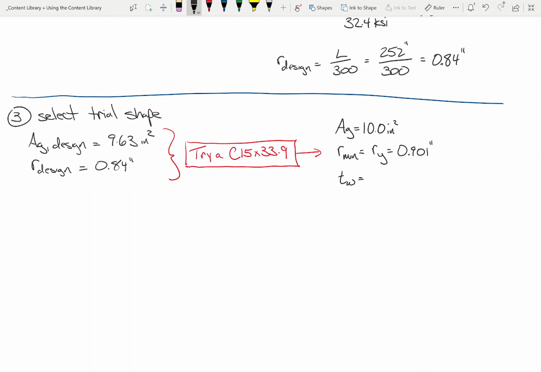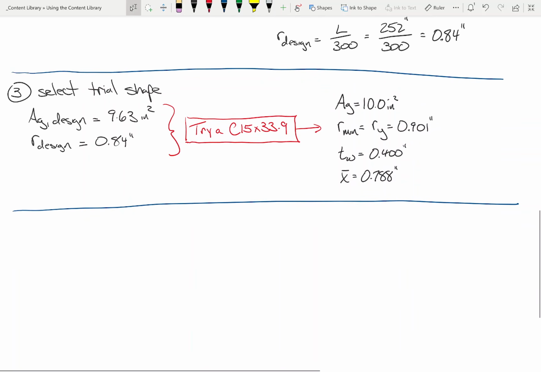So the web thickness is 0.40, and x bar is 0.788.